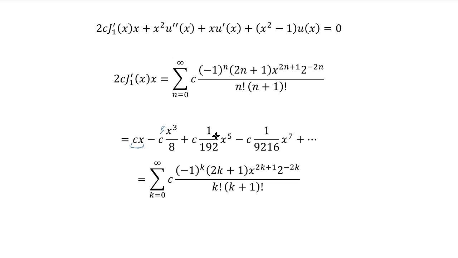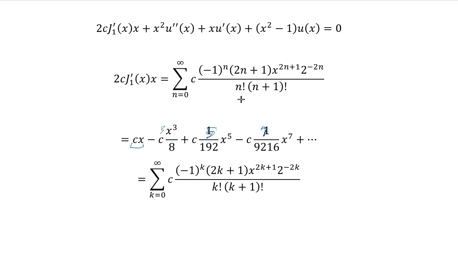I think I forgot these ones, and when it's 2, there should be a 5. When it's 3, there should be a 7.